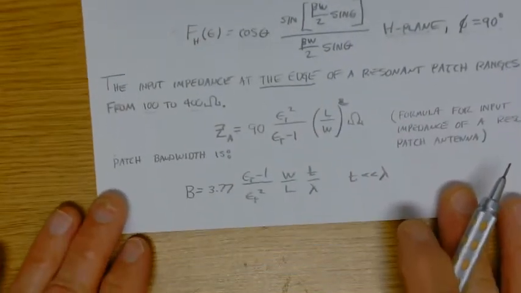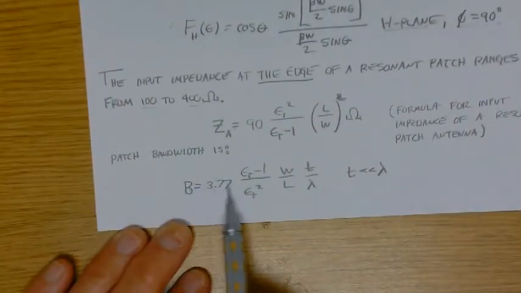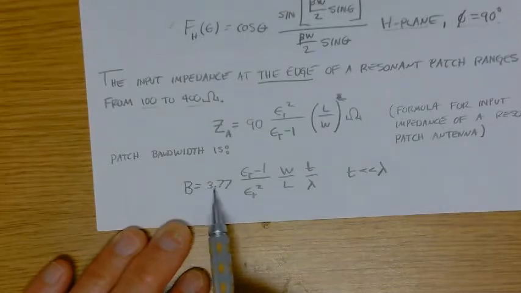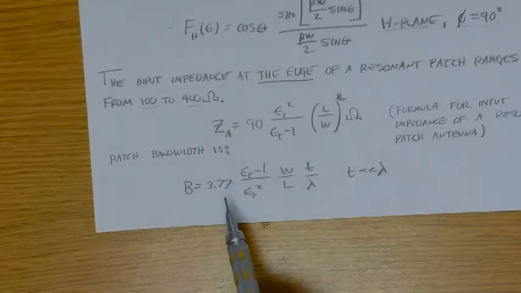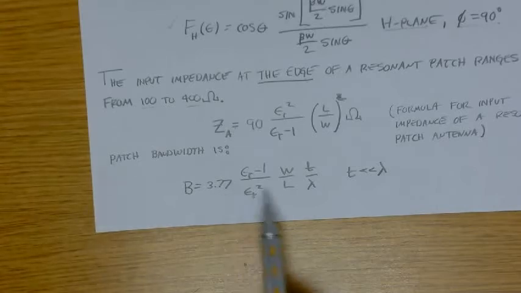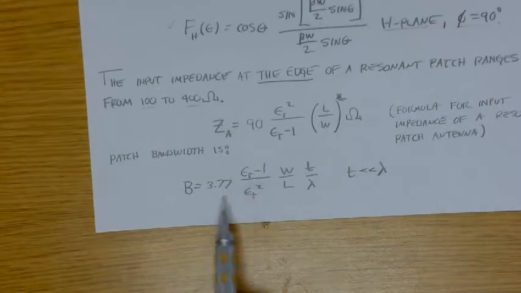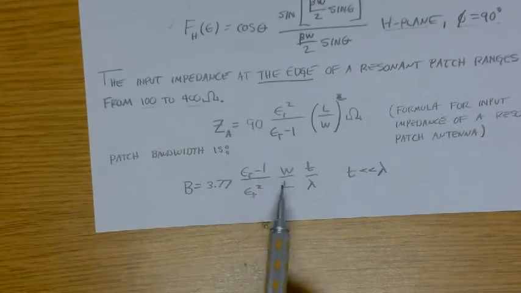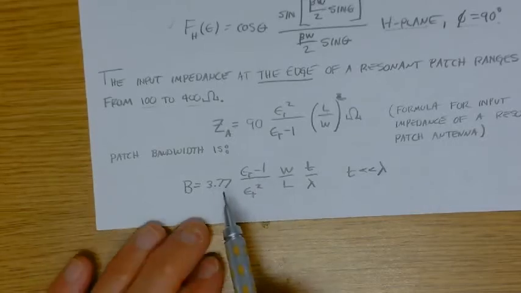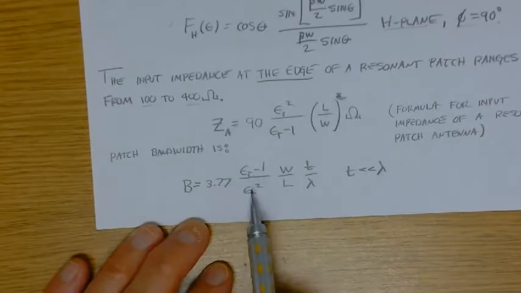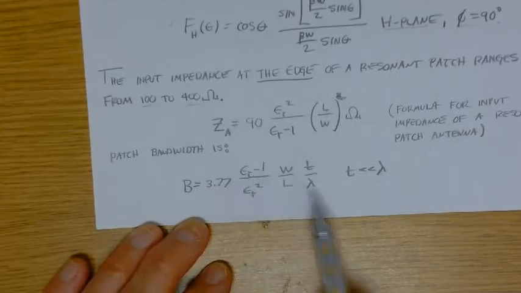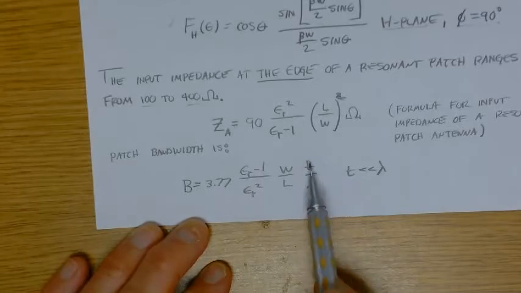And then this shows the bandwidth of the patch. Again, the range of frequencies over which the input impedance is such that the standing wave ratio on the feed line is less than or equal to 2 to 1. Okay, all that transmission line theory coming back, and you have to remember what that's about now. So, 3.77 times epsilon relative minus 1 over epsilon relative squared, times width divided by length. And so the bandwidth is proportional to T over lambda.